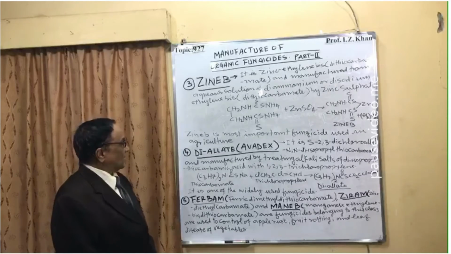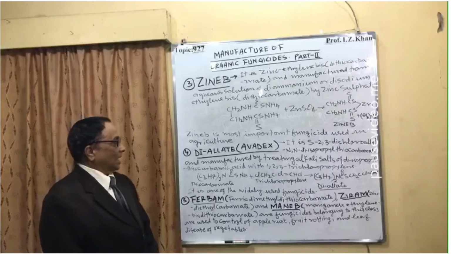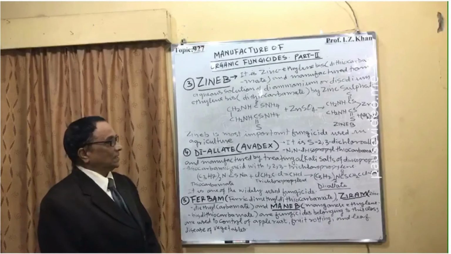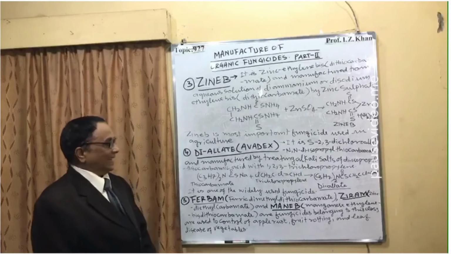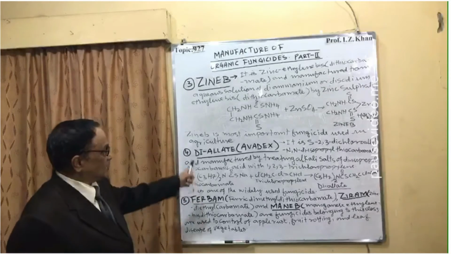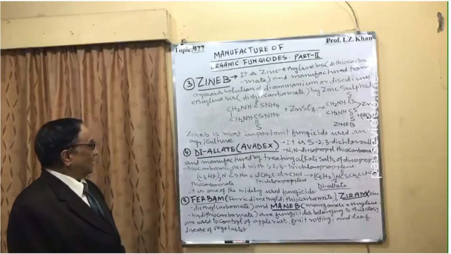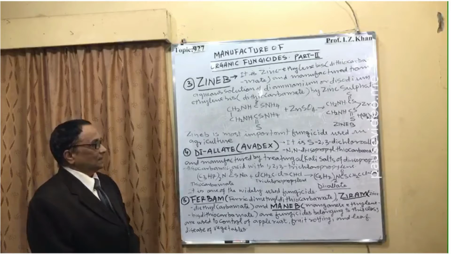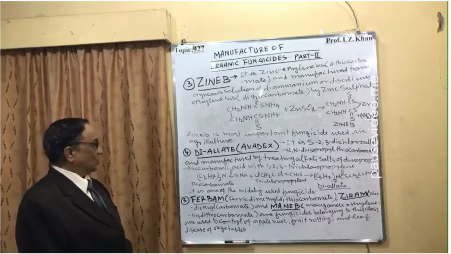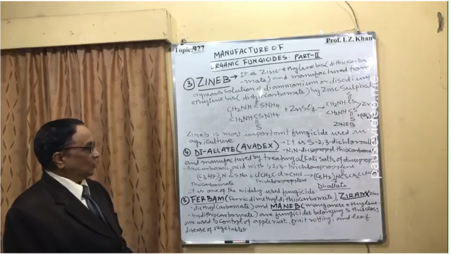Number 4, Diallate, also commonly known as Avadex. This Avadex is S-2,3-dichloroallyl N,N-diisopropyl thiocarbamate, another thiocarbamate derivative, and it is manufactured by treating alkali salts of diisopropyl thiocarbamic acid with 1,2,3-trichloropropylene.